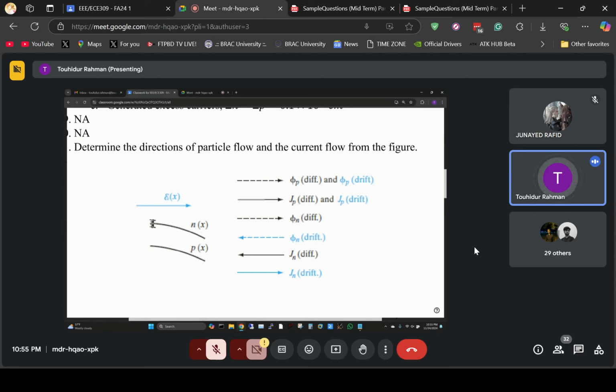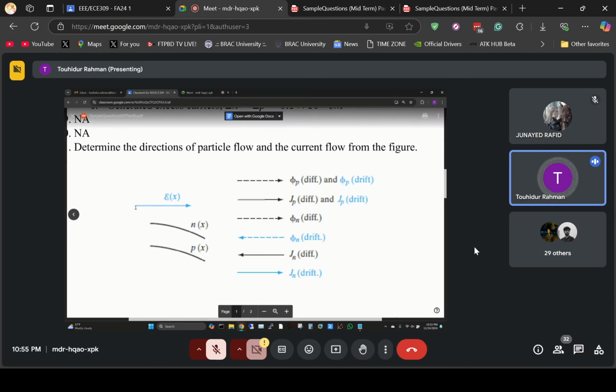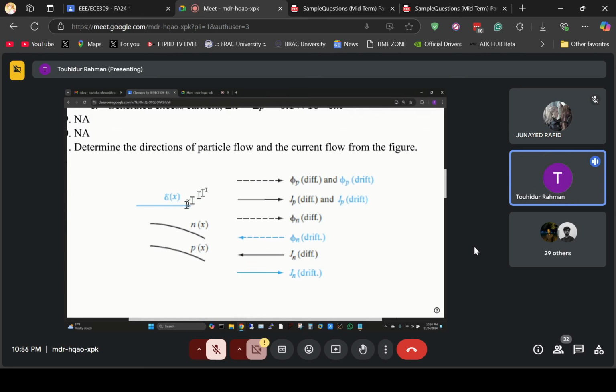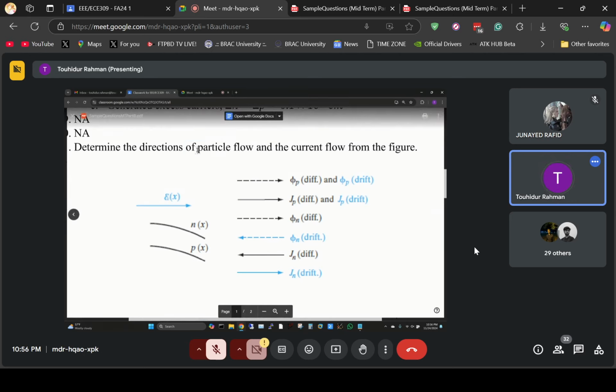For both cases, the carrier concentration is higher on the left side than the right side, for electrons and for holes. At the same time, we also have an applied electric field, EX, going from left to right. Now the question is, we need to find the particle flow and the current from this figure.